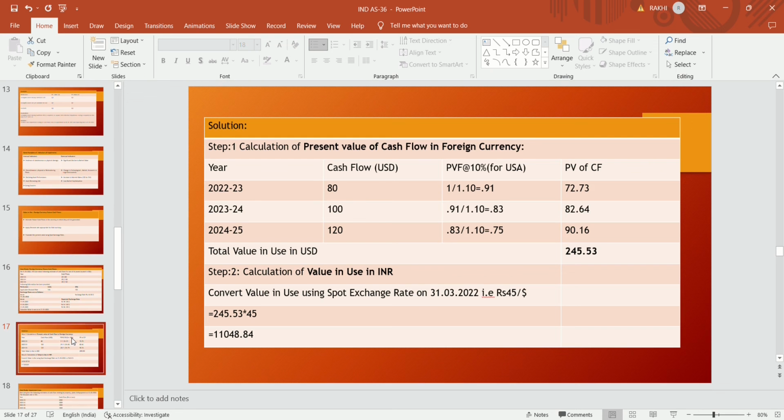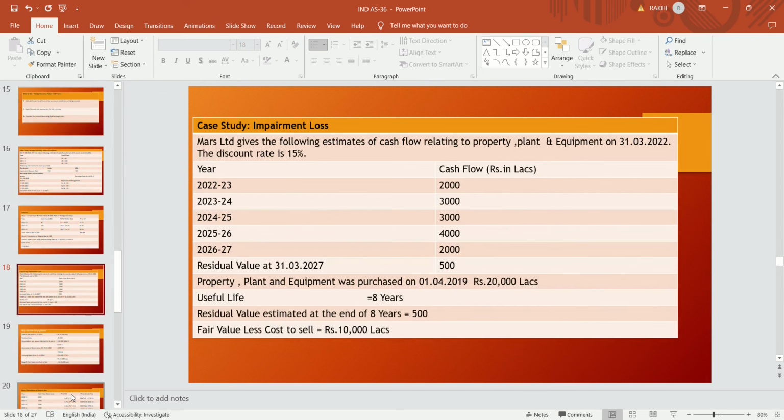So $245.53 into rupees 45 per dollar. So we get the present value of cash flows in Indian currency, that is the value in use, which is rupees 11,048.84.